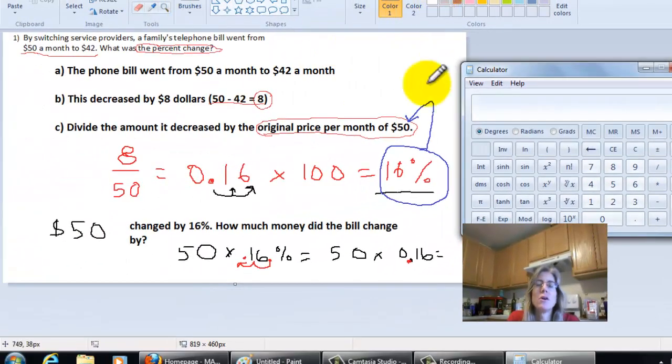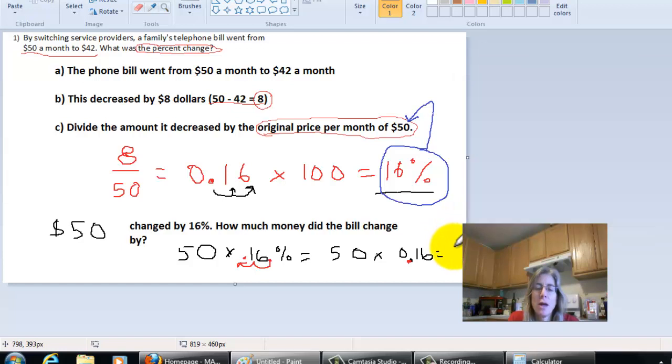So if you're asking the question in a different way, somebody said the bill changed by 16%. You know it changed by $8. If they said it decreased by 16%, that means it went down by $8. If they said it increased by 16%, that means it went up $8.